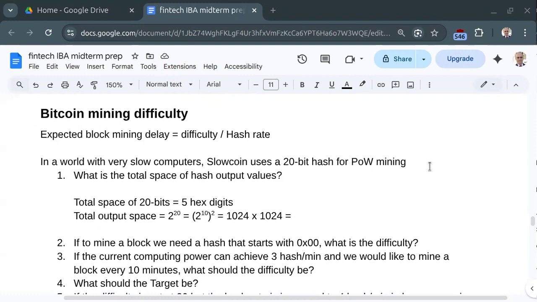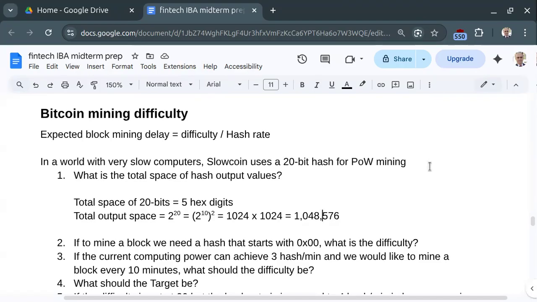I'm using my calculator here. 1 million 48. Okay, that's your number. That's a power of 2 also. It's 2 to the 20. This is what we call 1 mega, by the way.